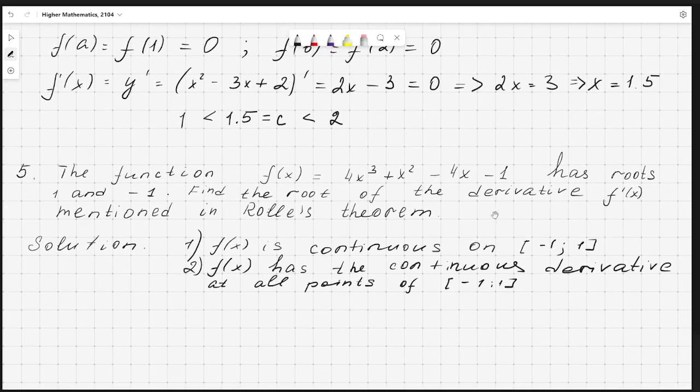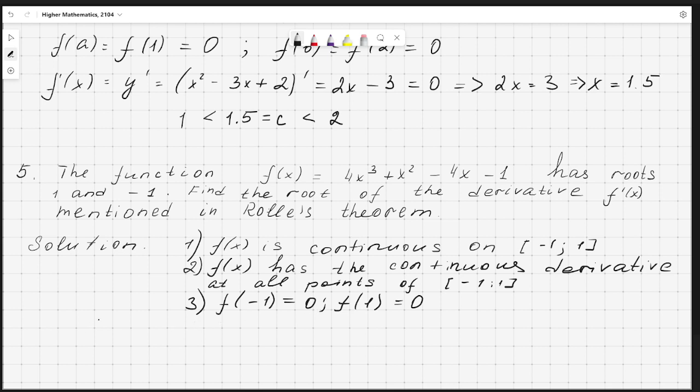The third, f of x vanishes at the end point of this interval. It means f of -1 and f of 1 equals 0. It means inside this interval exists the point in which f prime of x equals 0.